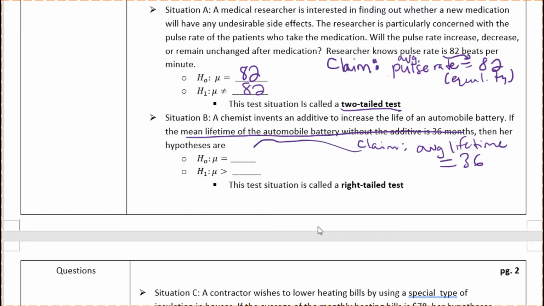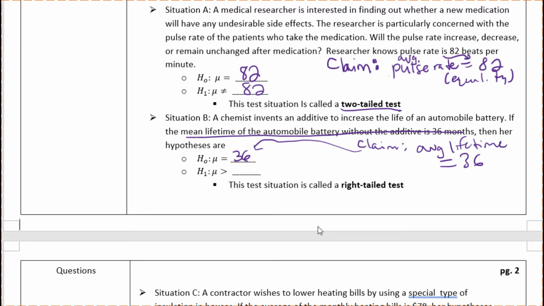So that belongs here. So mu is 36. Now the claim doesn't always belong to the null hypothesis. The idea is to find out what the claim is, and then if it has an equal sign or greater than or equal to sign, if it has a statement of equality in it, you assign it to the null. If it doesn't, assign it to the alternative.